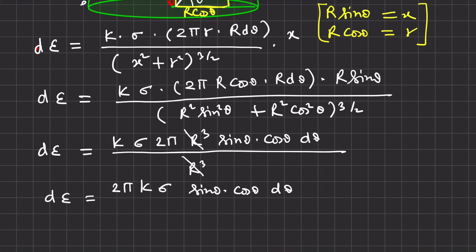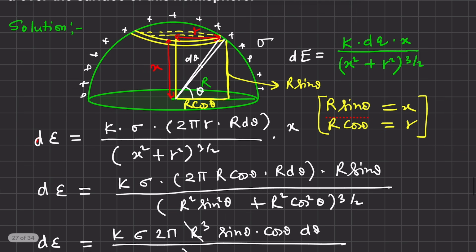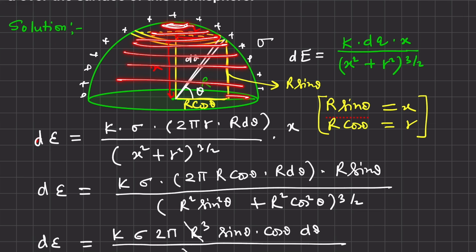Okay, now, guys, here I want to integrate this ring element. The ring elements will start from here, the small ones, and then the bigger ones, and then it will go up like this.